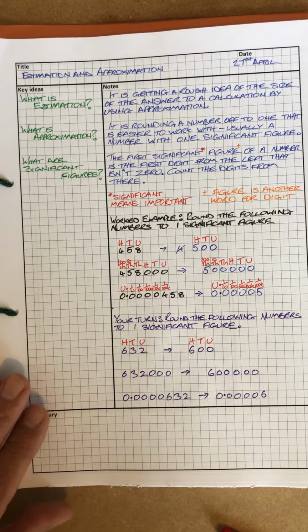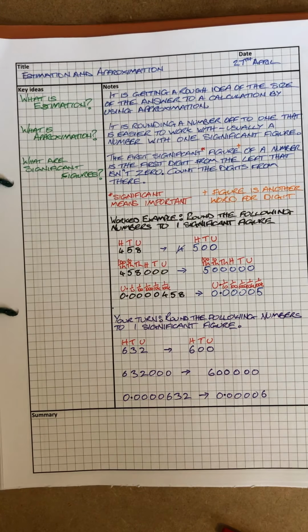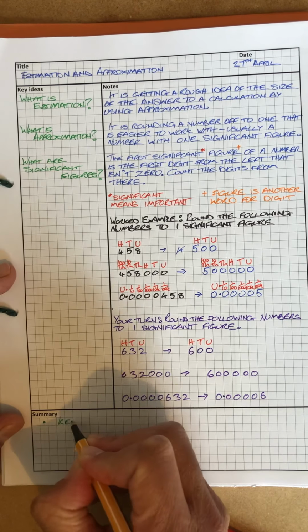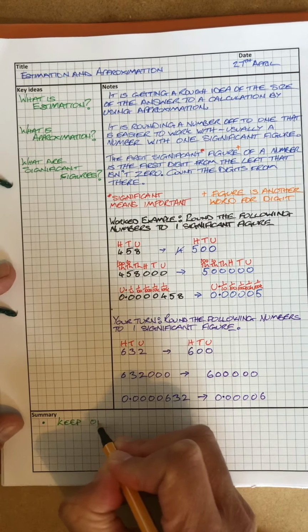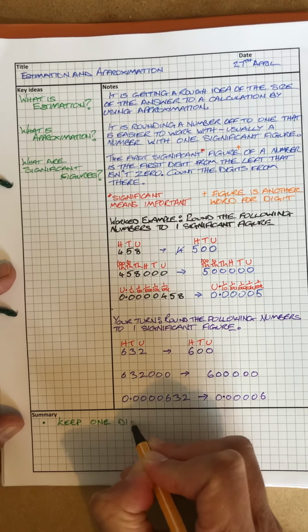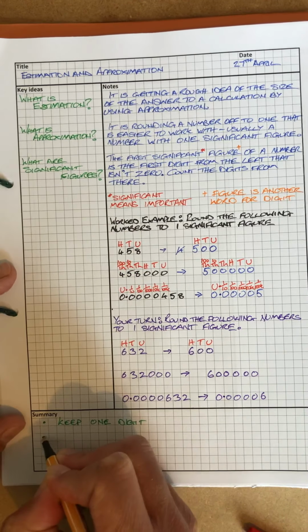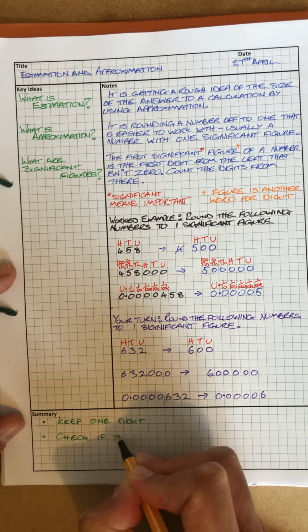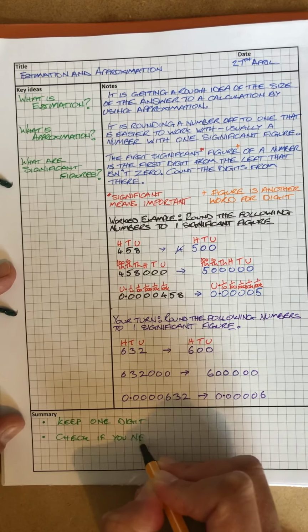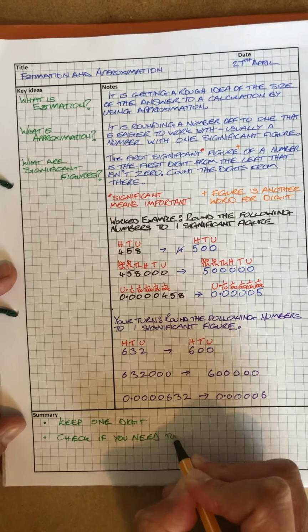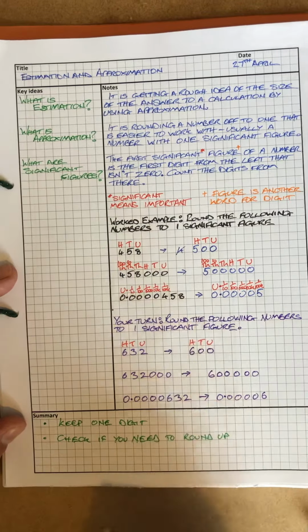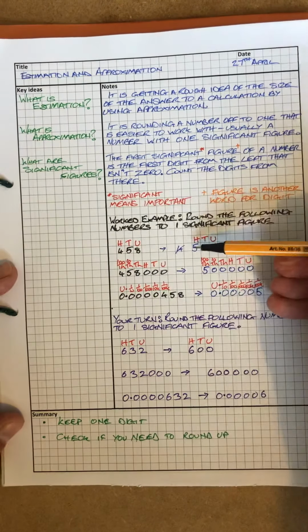Estimation and approximation. Summary. Keep one digit. Check if you need to round up, so check if your 4 needs to become a 5.